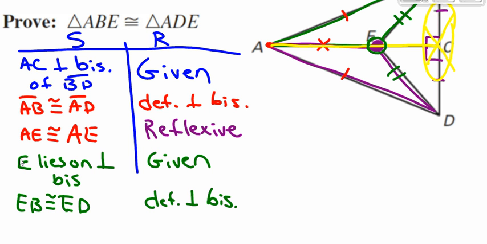All right, so it looks like I have a side situation. So my triangle ABE is going to be congruent to triangle ADE by side.